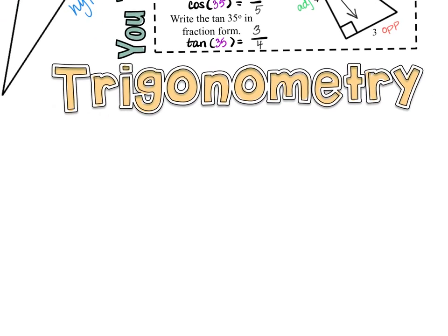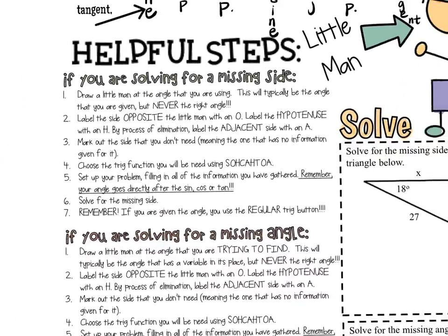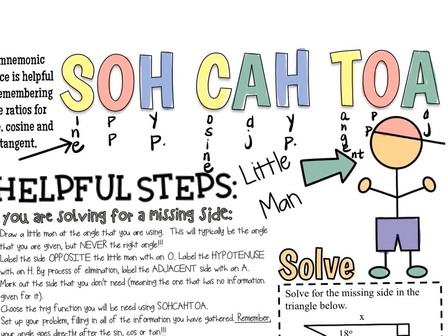And so when we're working with trigonometry, I mentioned that it's a little hard to remember, and so we came up with a little mnemonic device called SOHCAHTOA. SOH deals with sine. So S stands for sine, O stands for opposite, H stands for hypotenuse, and then we have A for adjacent.